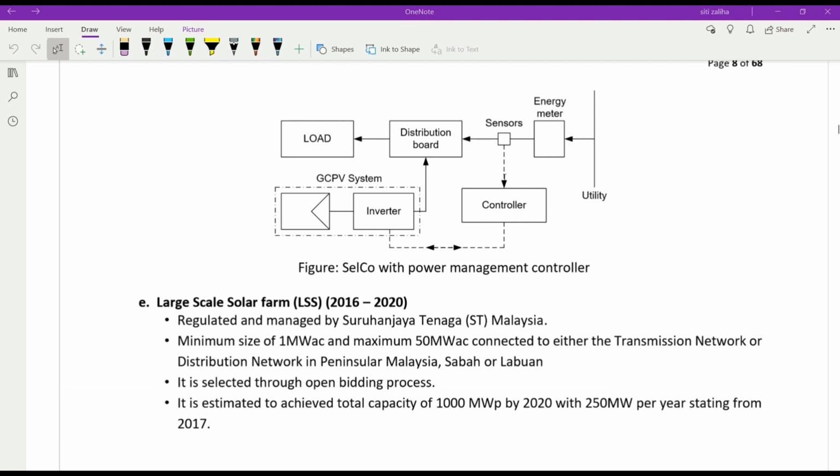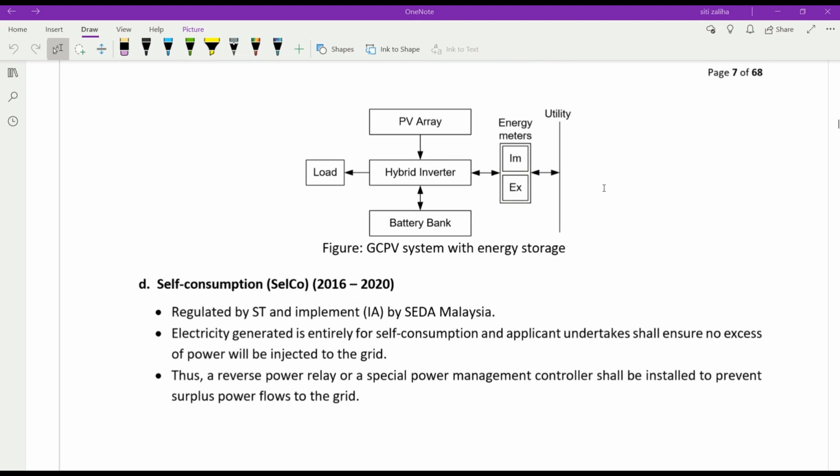Okay. So by using the sensor, the controller is trying to control the surplus energy or to prevent this surplus energy from going to the grid. So the excess power will go to the dummy load. So different from this one, you have a bidirectional arrow here, which is the energy for NEM.